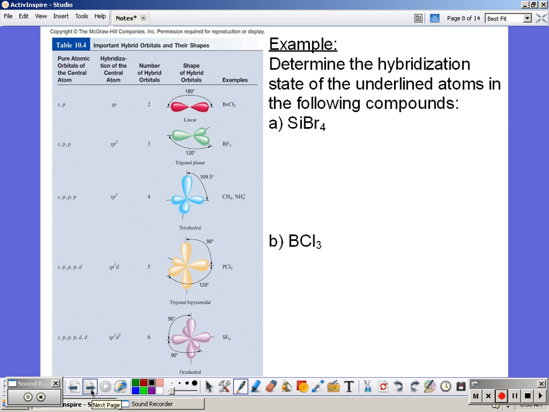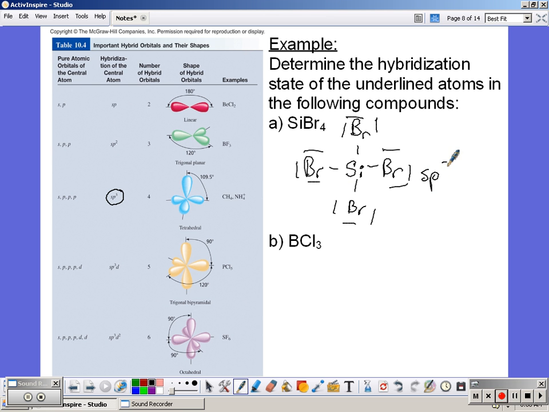So if we think about SiBr4, the Lewis structure would be drawn like this. Silicon is in a tetrahedral shape, and because silicon is in a tetrahedral shape, it's going to have an sp3 hybridization.